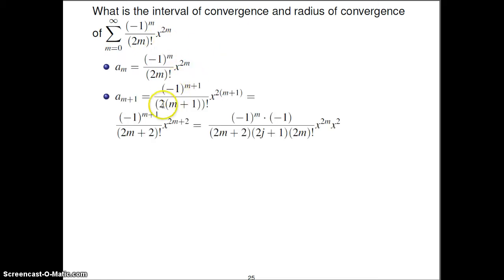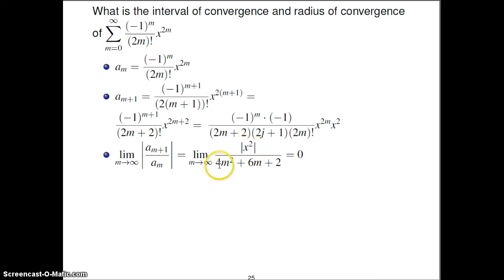So let's take this power series and look at the mth term. Look at the m plus first term, and using some algebra this simplifies again, and use the ratio test. The ratio test asks us to look at the limit of the following sequence. And here again you have a fixed number over m.